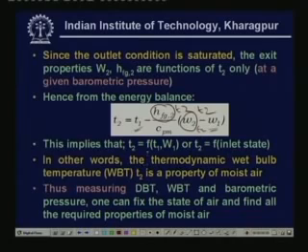T1 and W1 are the properties of the inlet state. So finally, the temperature measured by the thermometer is a function of the inlet state. In other words, the thermodynamic wet bulb temperature T2 is a property of moist air.